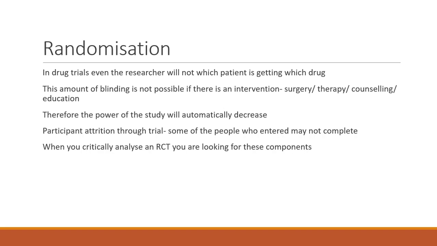So if the groups are not equal at baseline and equal at end of the trial, then the results become somewhat non-applicable. Also, if there's a large amount of attrition, what measures were taken to control for this attrition is something that must be reported. So when you critically analyze a RCT, you must look for these components.